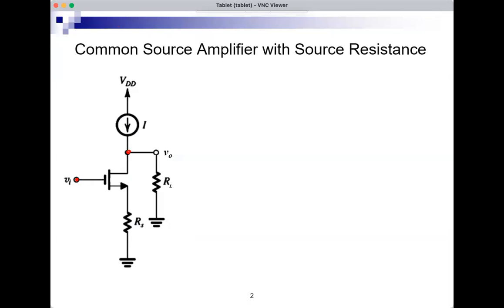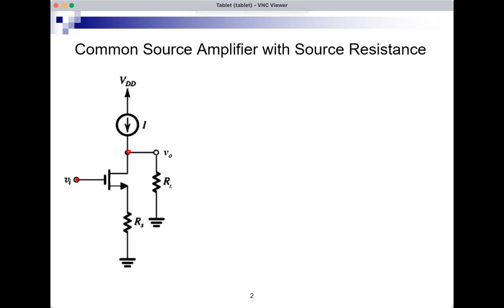We show that there is a load RL. The load RL may also include, in the small signal analysis, the output resistance of the current source. So if the current source is not an ideal source, in the signal analysis we will replace it by its output resistance.